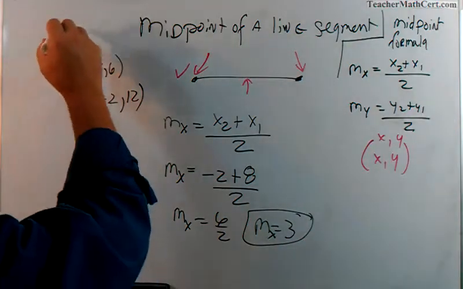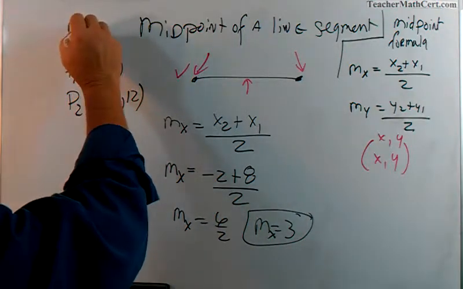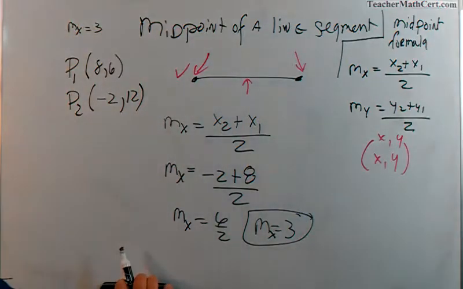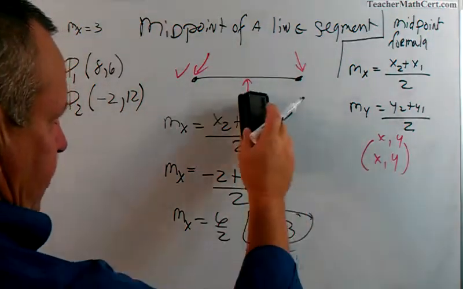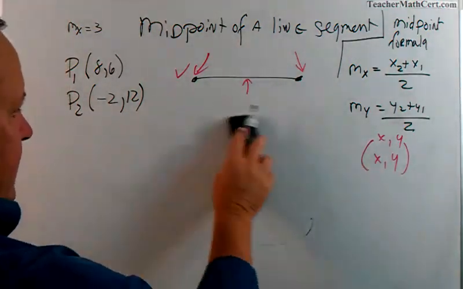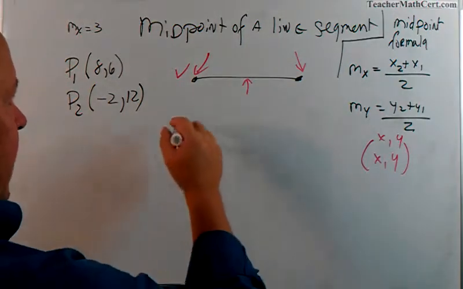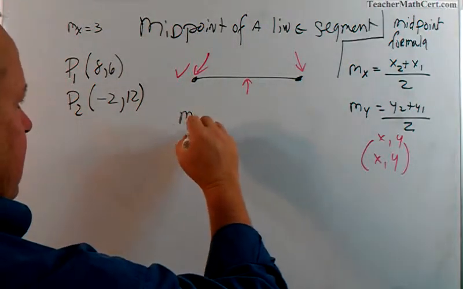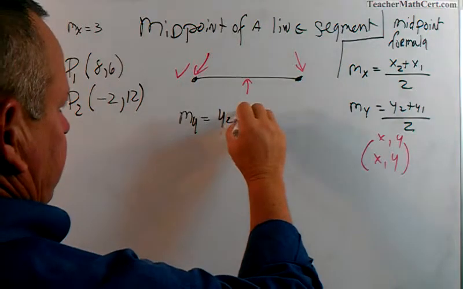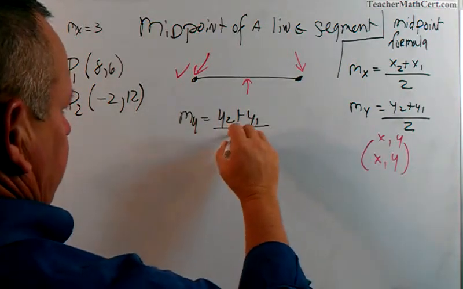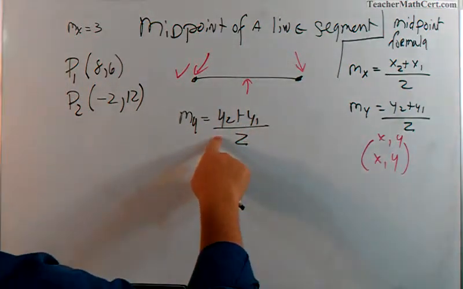Let me write that up here. So m sub x is equal to 3. Now we're going to solve for the y value, or the y portion of this. Okay, so m sub y is equal to y sub 2 plus y sub 1 divided by 2. Plug and chug.